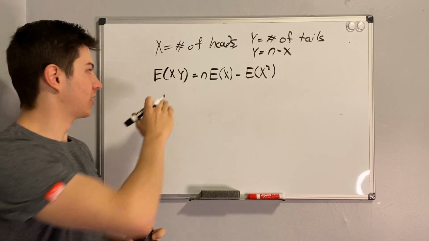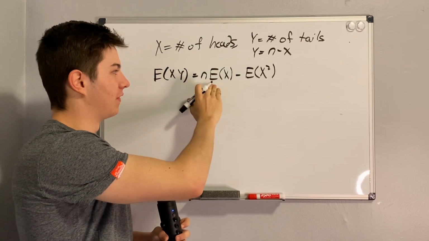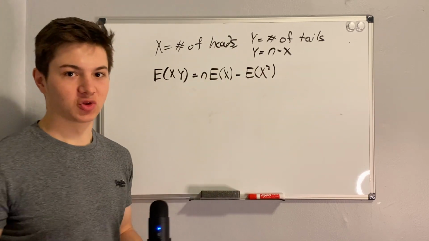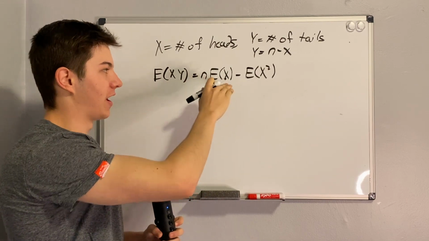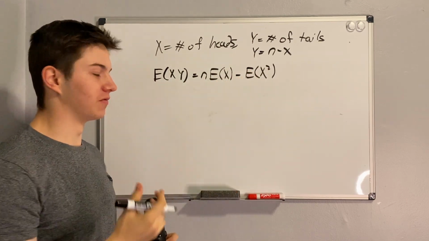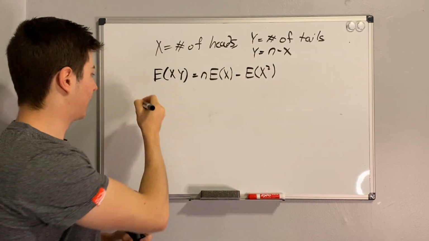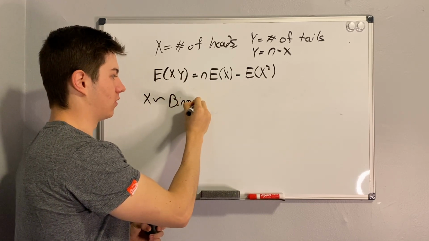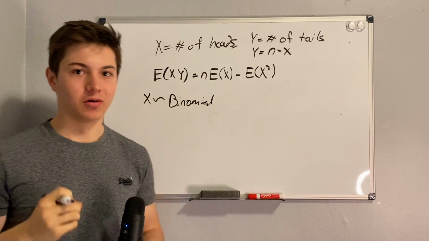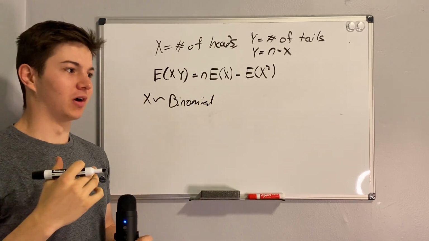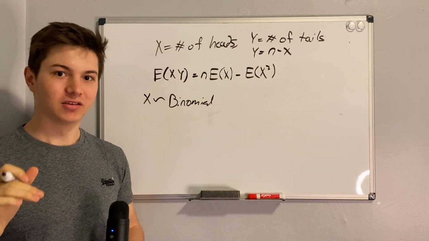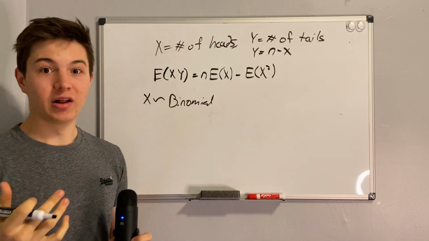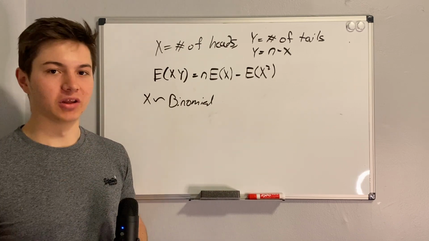So to find the expectation of xy, we just have to find the expectation of x and the expectation of x squared. Then we multiply the first by n and subtract the expectation of x squared. First, let us note that x follows a binomial distribution. If you've never heard of it, the binomial distribution describes the number of successes given n trials and some probability of success.